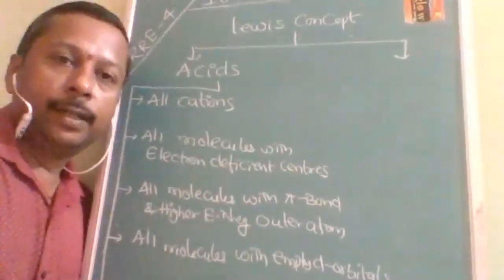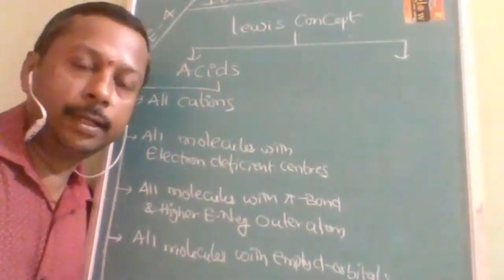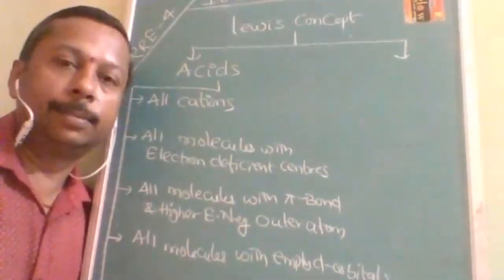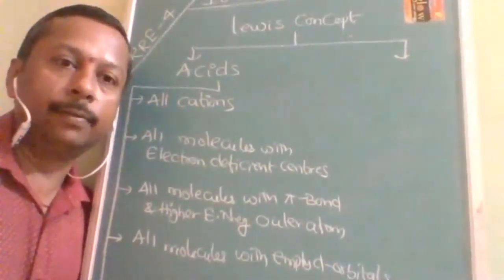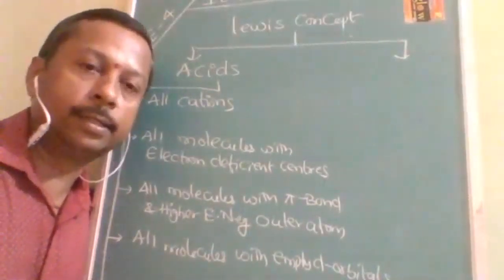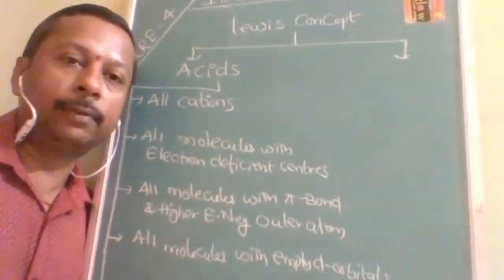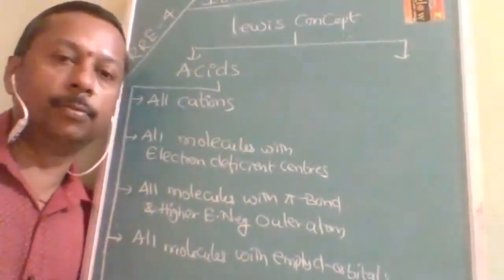We are into the very important next segment, that is the Lewis concept. In the Lewis concept we are going to mainly focus on the examination-oriented points, types of acids and bases. Specifically, types of acids is more important.